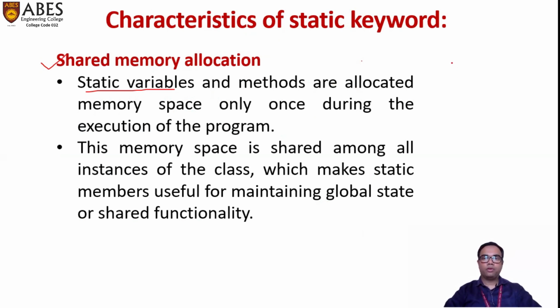Suppose a variable is declared by an object obj1, and obj1 allocates the memory space. When you create a new object obj2, the same variable will be used. This space is shared, so you have only one allocation for a static variable.